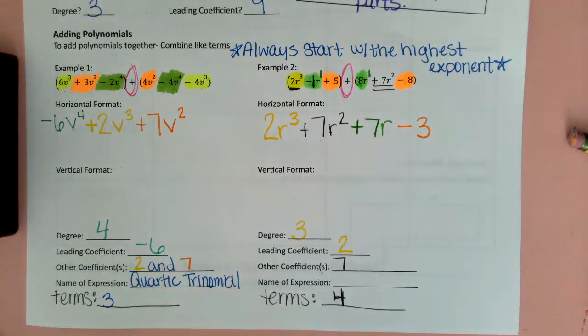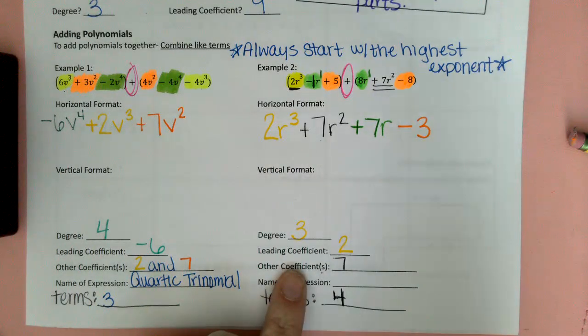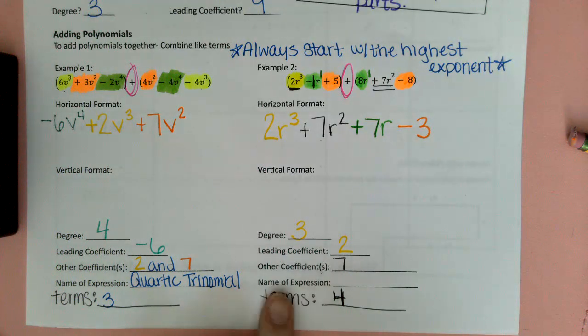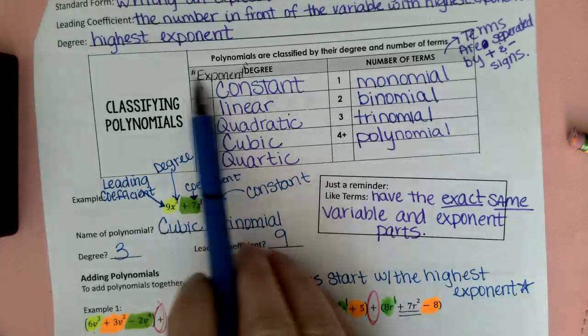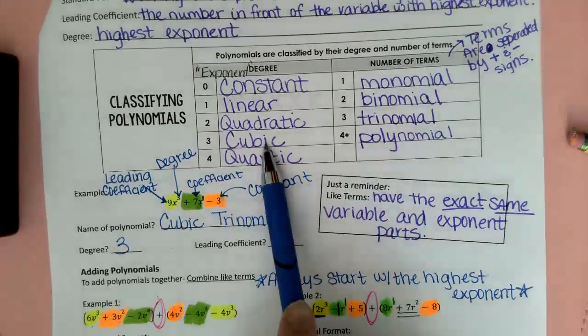Okay? Good question. So the question was, would we put negative 3 on the other coefficients? And you would not, because negative 3 is a constant. So to name it, the degree is 3. Looking up here with the exponent degree of 3, that is cubic. So I'm going to write cubic first.